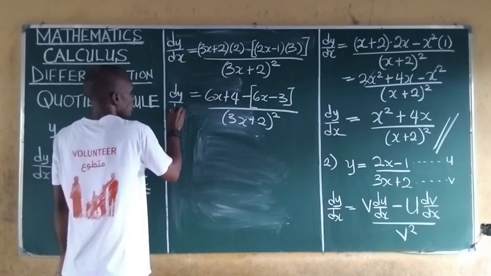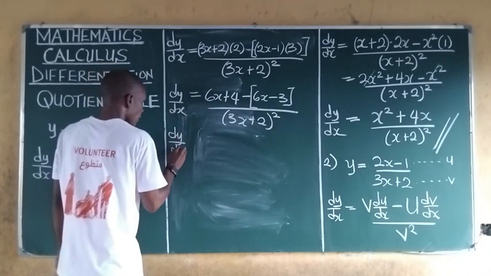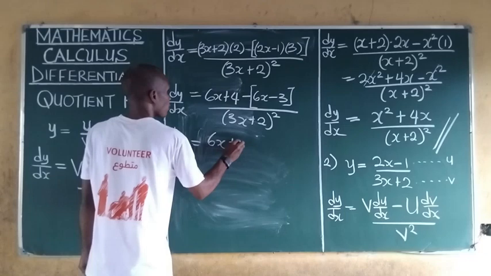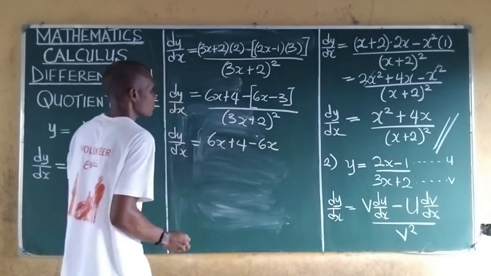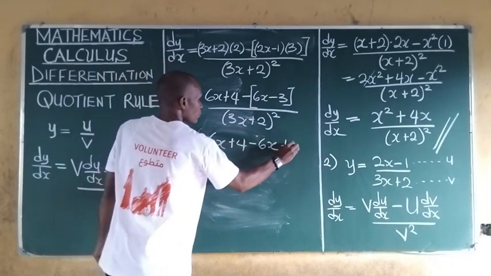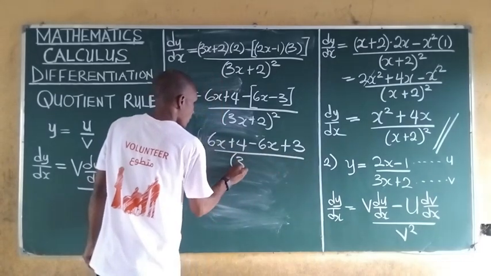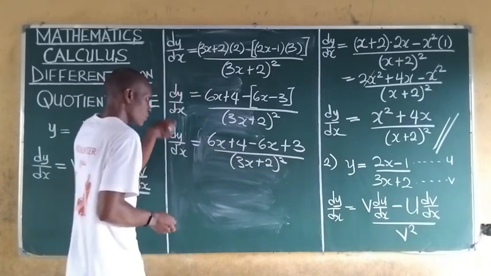Also, dy over dx is equal to, we open the bracket, 6x plus 4 minus 6x plus 3 all over 3x plus 2 raised to the power of 2.